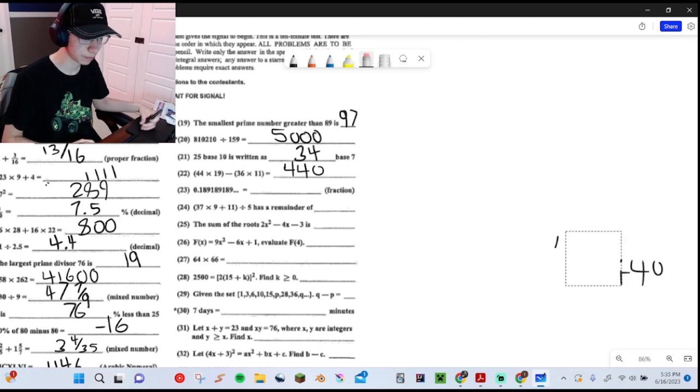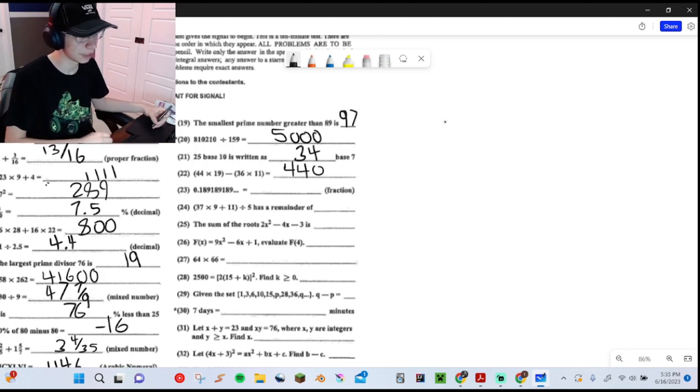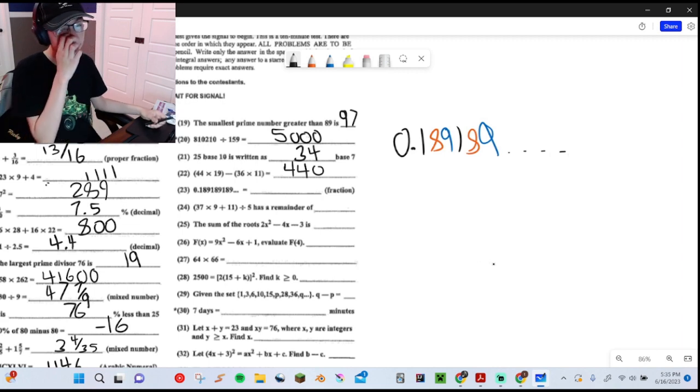23. We have these three numbers repeating on and on forever, symbolized by these dots, right? So we have 0.189189, dots, repeating forever.